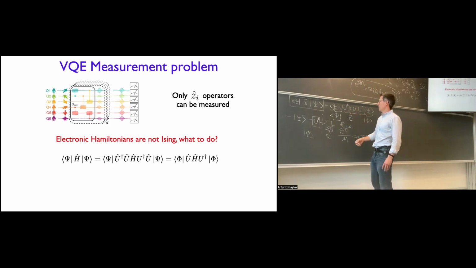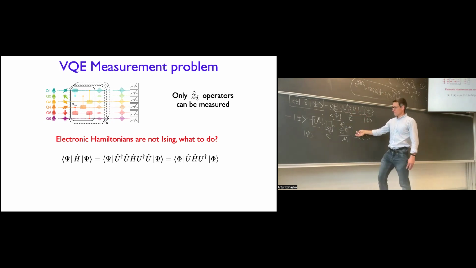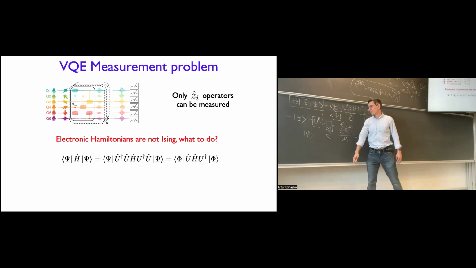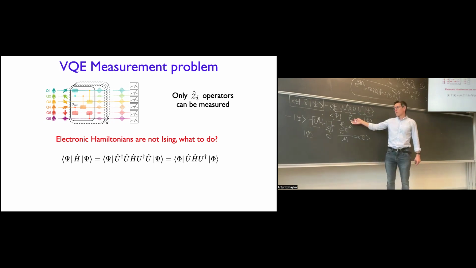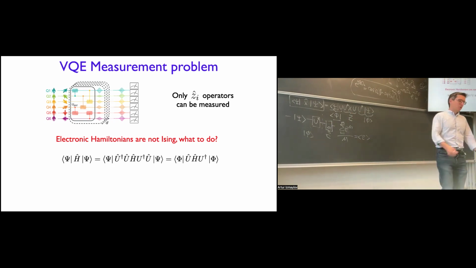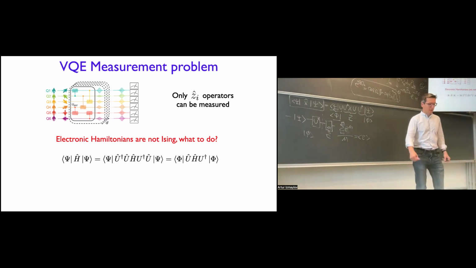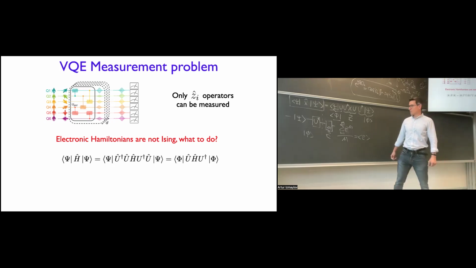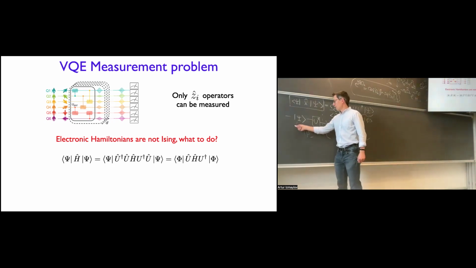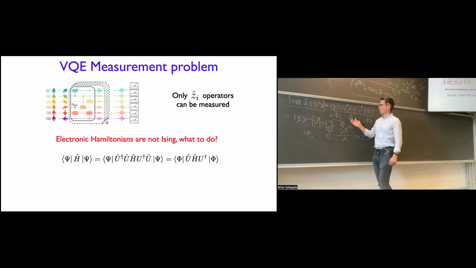So this is why, for some simple operators, you can measure only z's, and the other operators you can measure by modifying the system before measuring z's. One simple analogy: if you have a ruler to measure the width of a table and it's fixed in space, you cannot rotate the ruler, but you can rotate the table. By the table I mean the state, and by the ruler I mean what we can measure.